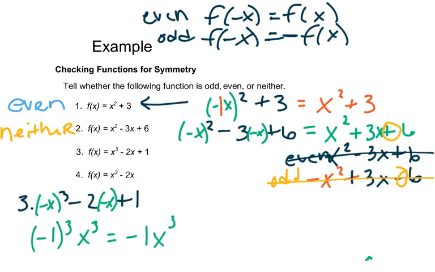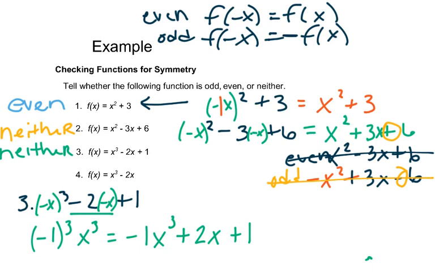The next piece has negative 2 times negative x, so that's going to be plus 2x. And then the last piece doesn't change. As we saw in the previous one, even if there's 2 things happening for the other x's, if this one doesn't change, this one's actually going to be neither as well. It is neither the original equation nor the opposite of the original equation.